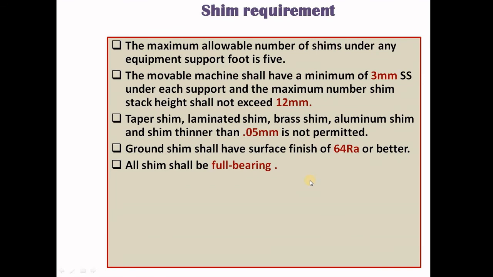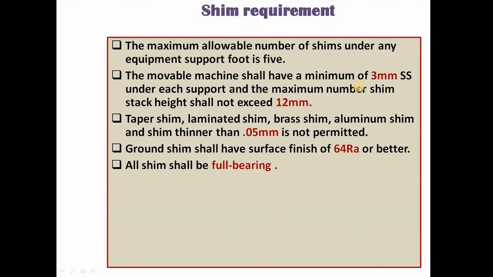I have told you, if we use the maximum number of shims, this will give a quasi soft footing experience. To avoid this soft footing, we have to limit the maximum number of shims used per foot to 5, and the stack thickness should not be more than 12 millimeter.